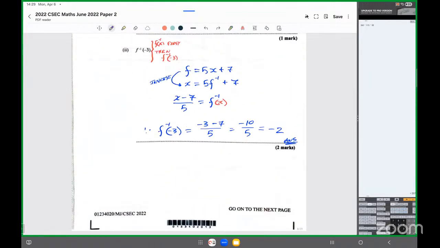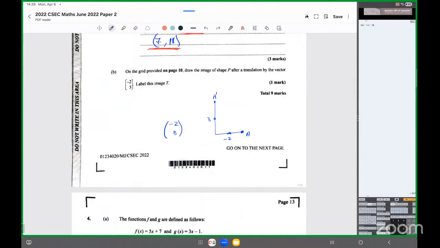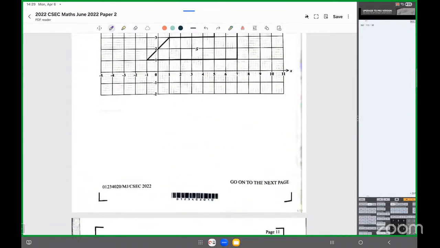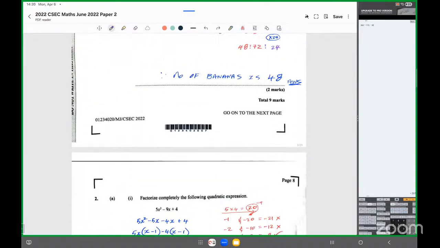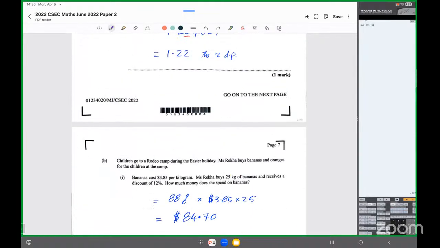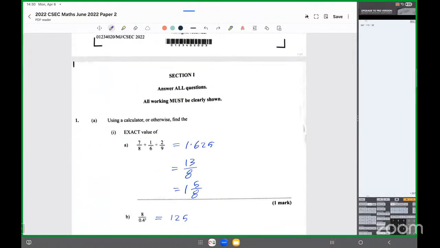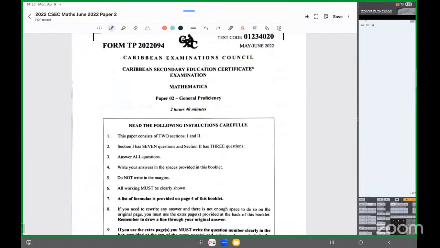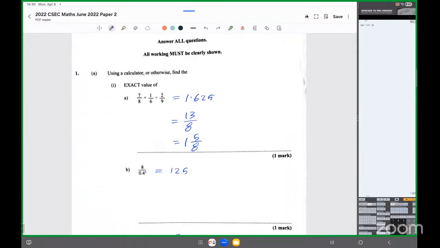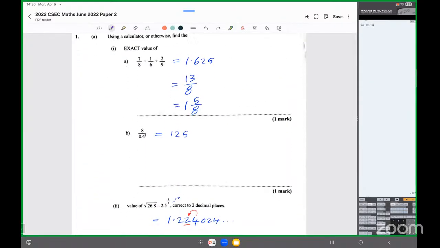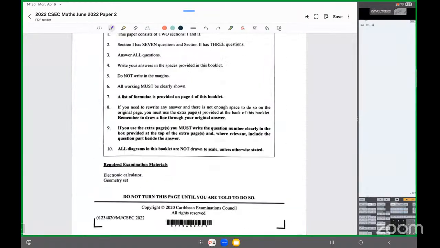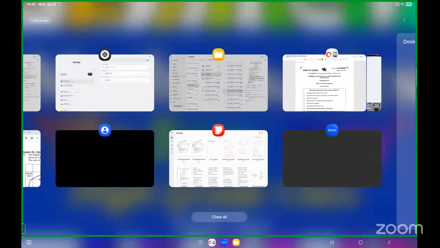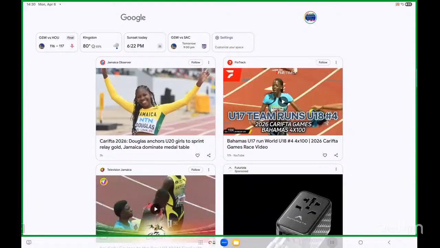I want to set some schedule to do some marathon classes on some of the topics. Topic by topic: transformation, vectors, trigonometry, bearings, linear programming, coordinate geometry, you name it. One or two topics at a time, so we can get some nice revision going. All right, everybody. So that is the plan.